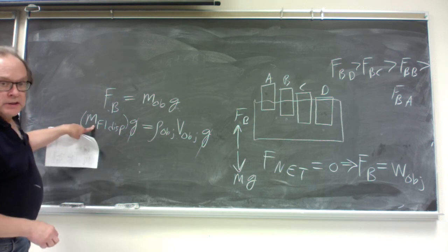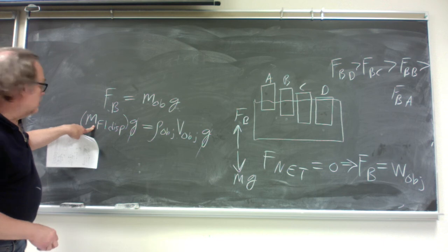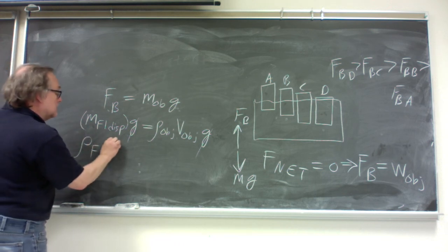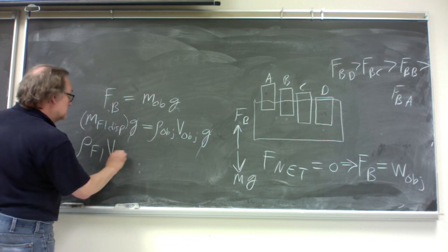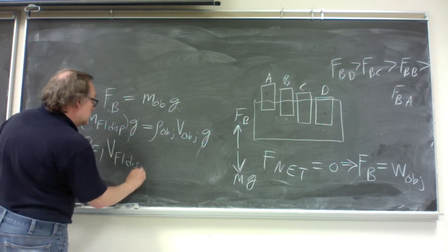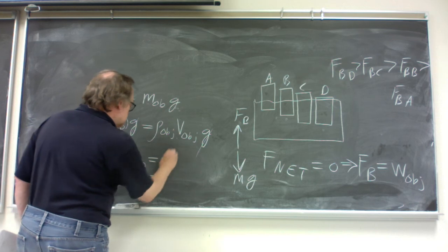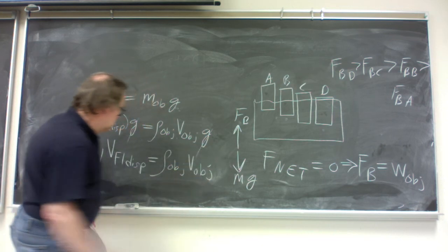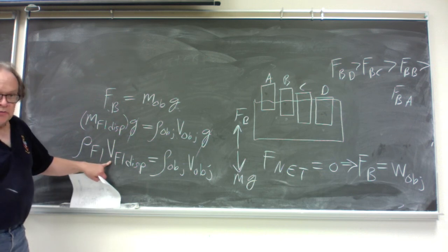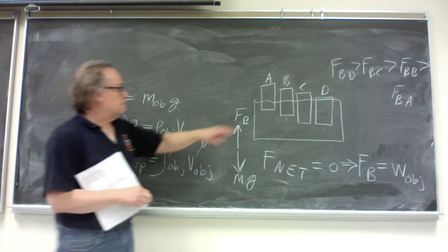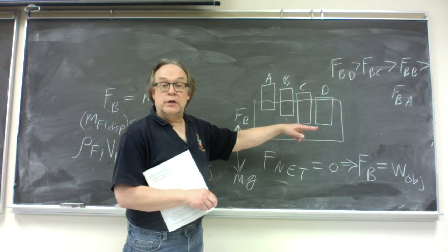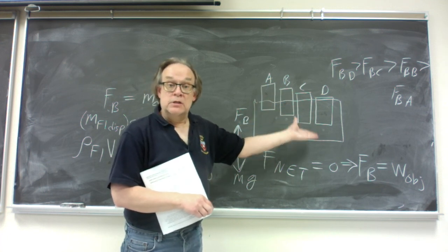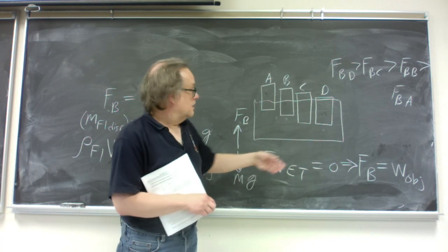Now let's write this as a density times a volume. Mass of fluid displaced is density of the fluid times the volume of fluid displaced. But how much volume of fluid is displaced? Well, what displaces the fluid in every case here is just however much volume is under the surface of the fluid.